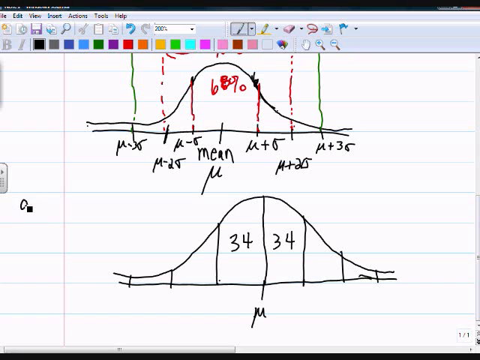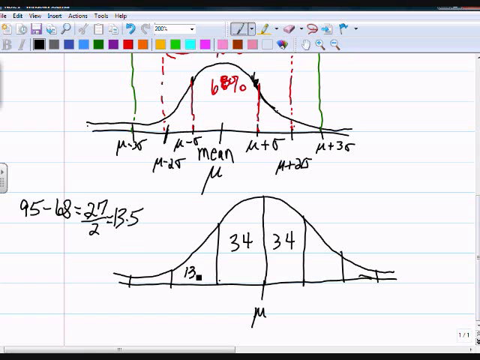95 minus 68 is how much? 27? Divided by 2, and you get, what is this? 13.5.